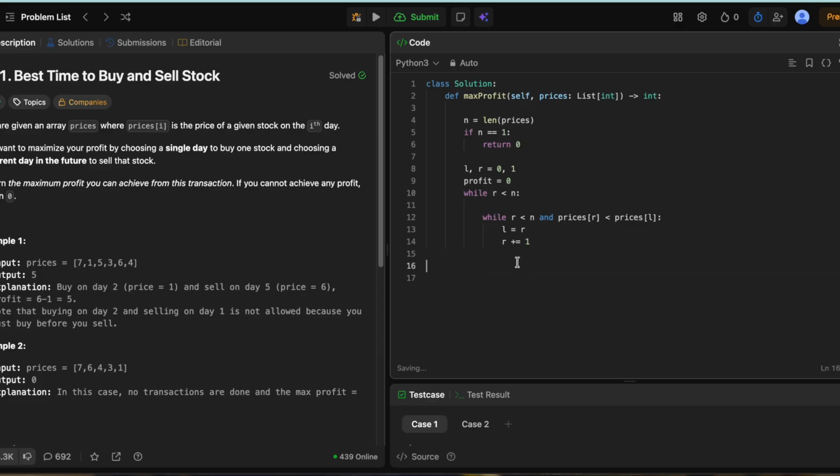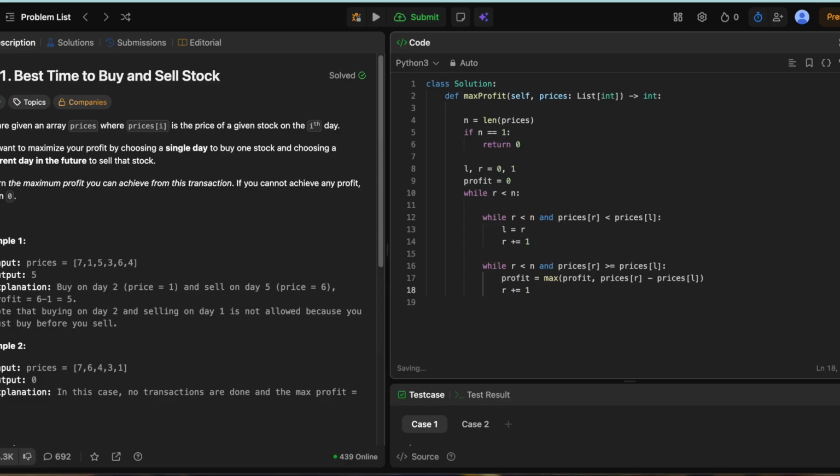We have bought at a min. So now we just need to perform the sell operations. While R is less than N again, and the prices at R is greater than or equal to the prices at L, then the profit is equal to the max of the profit with prices at R minus prices at L, and R plus equals 1.